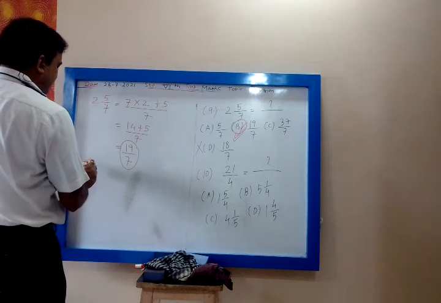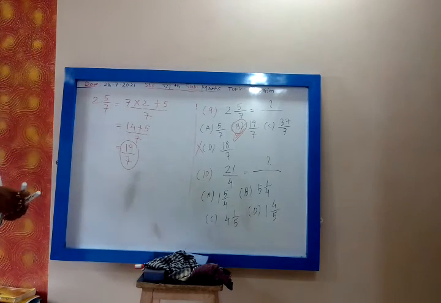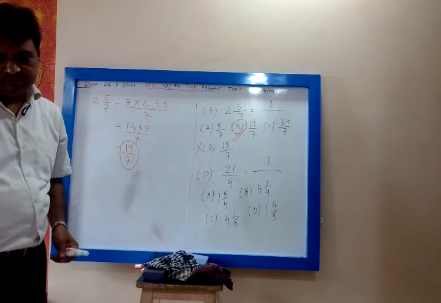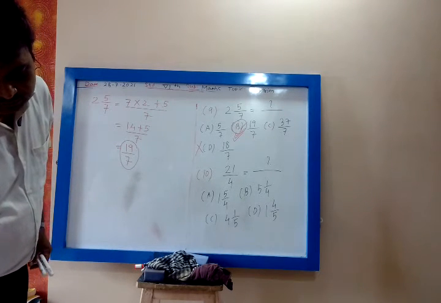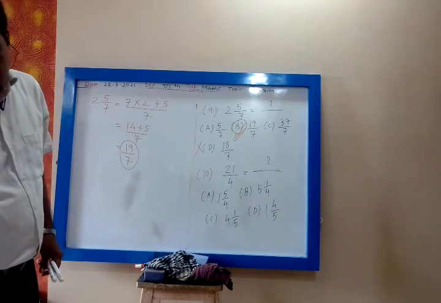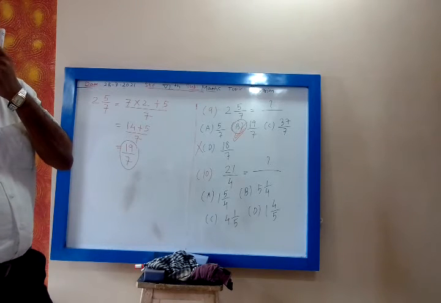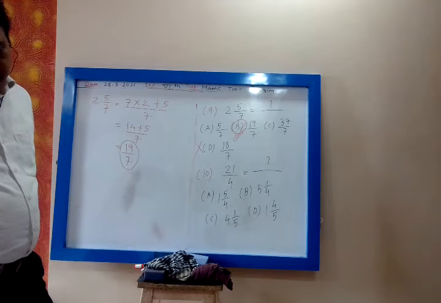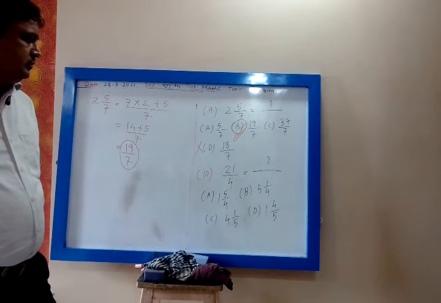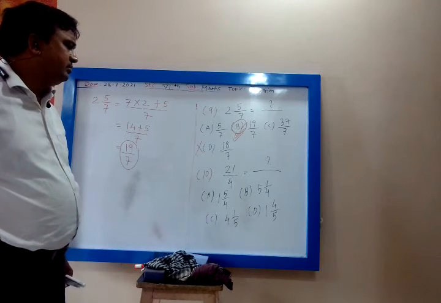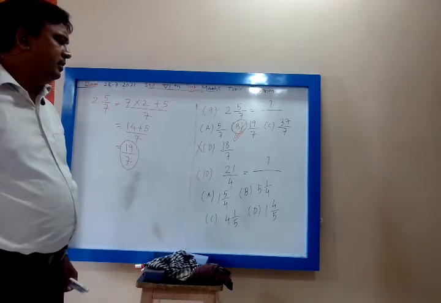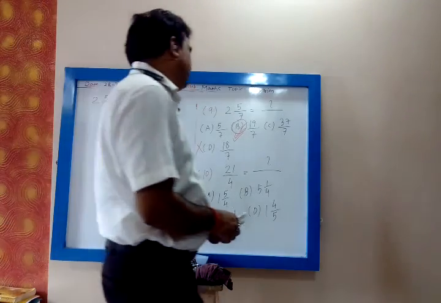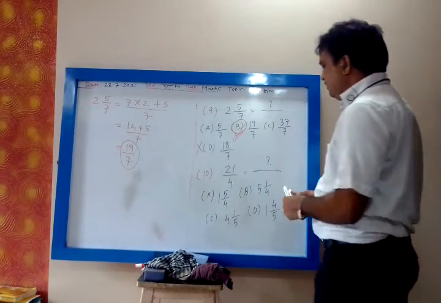Do next one, 21 upon 4. Convert that into mixed fraction. Do it fast. What is the answer? B. Okay, 5 is to 1 by 4. You are telling me 5 is to 1 by 4.